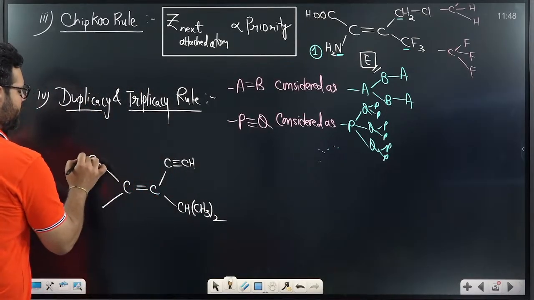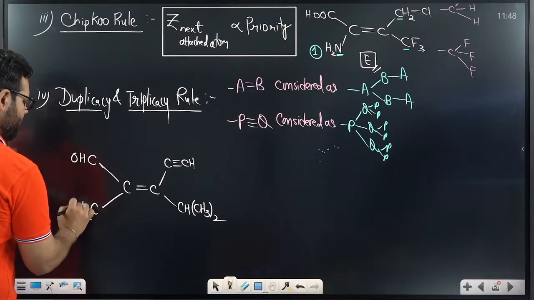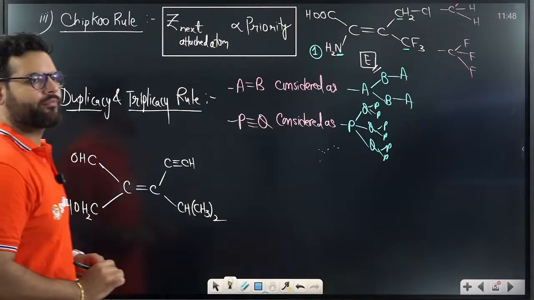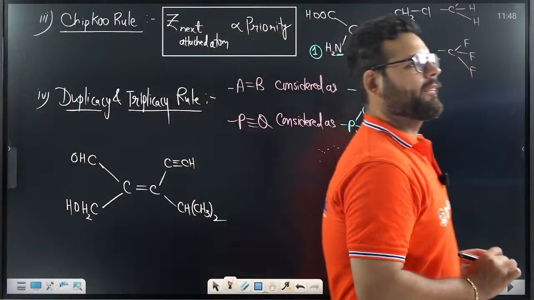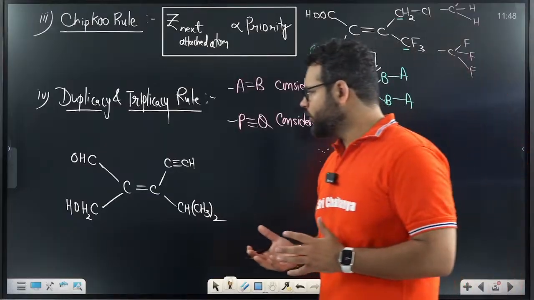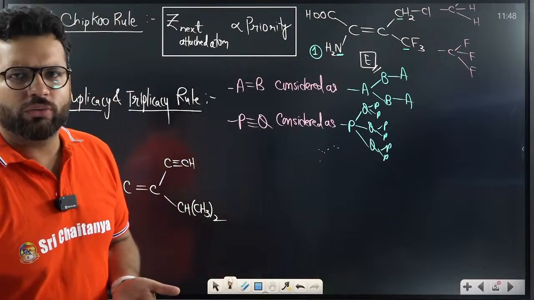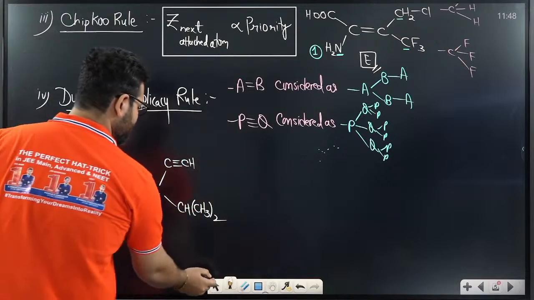Here I have CHO. Here I have CH2OH. After I explain this question to you, quickly tell me whether it is clear to you or not, and then I'll give you one or two questions to do, and that completes our EZ.